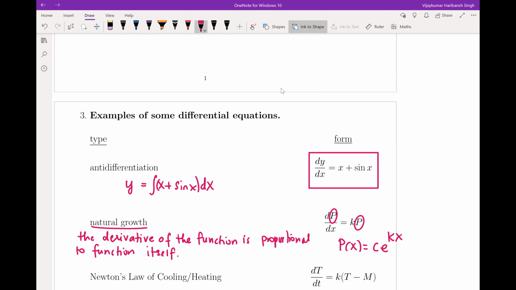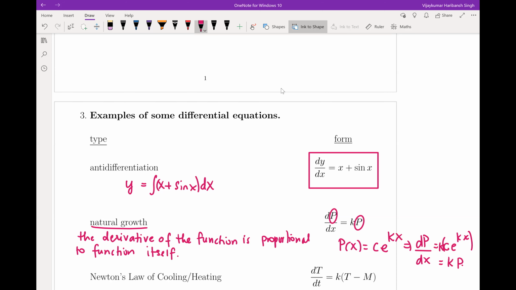You can check why that is the case, because this implies dP by dx is C e to the power kx multiplied by k, which is kP.